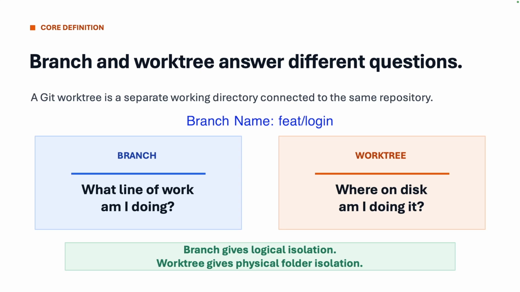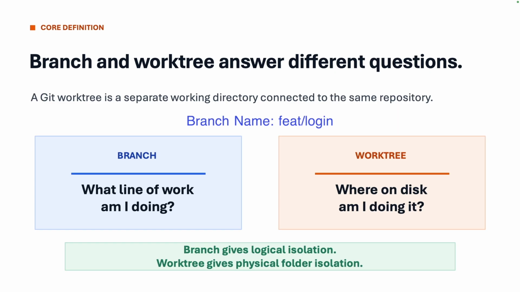But in case you want to try out implementing the login feature in 2 or 3 different ways, then branching would not help you. What you want to do is try out all these 3 different experimentations in a separate working directory, but still connected to the same repository, and in a way that is very easily integrable with the existing Git commit history.